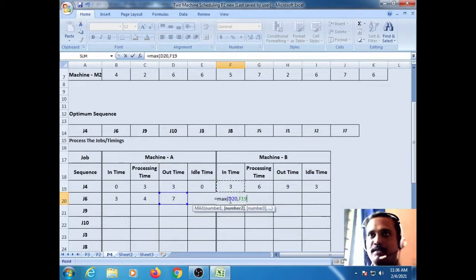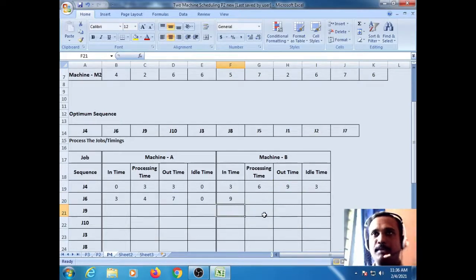So that will become the in time for machine B. Okay, 7, 9, so simply we can take 9. So the theme is, is the machine ready, is the job available or not, is the machine ready or not. Those points we have to understand.